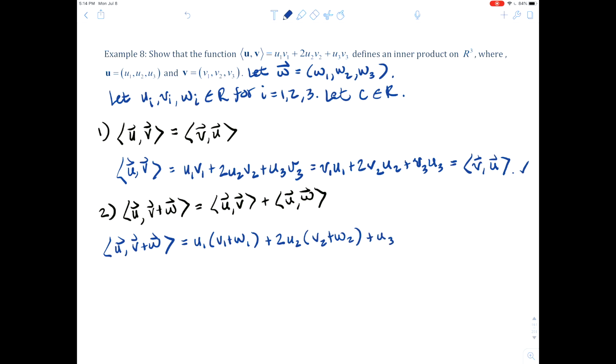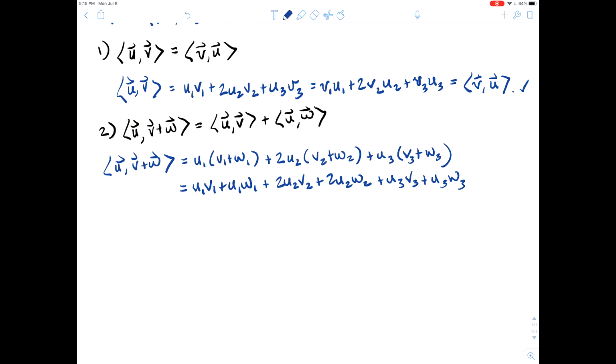Plus u3 times the sum of v3 and w3. Cool, cool? Okay, well, the real numbers are distributive under addition. So this is u1 v1 plus u1 w1 plus 2u2 v2 plus 2u2 w2 plus u3 v3 and then plus u3 w3. Groovy?